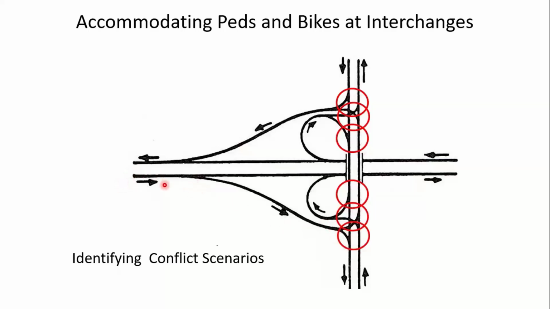Let's say drivers here have been on this limited access highway for some period of time, and so they're conditioned to high-speed roadways, no stop or yield conditions, that sort of thing. And so when they get onto the ramp here and start connecting with the local road and street system, the question is, how can we, through design and traffic control, help them be better behaved in terms of yielding to or stopping for pedestrians or bicyclists? So that's what I'd like to spend a few minutes talking about.